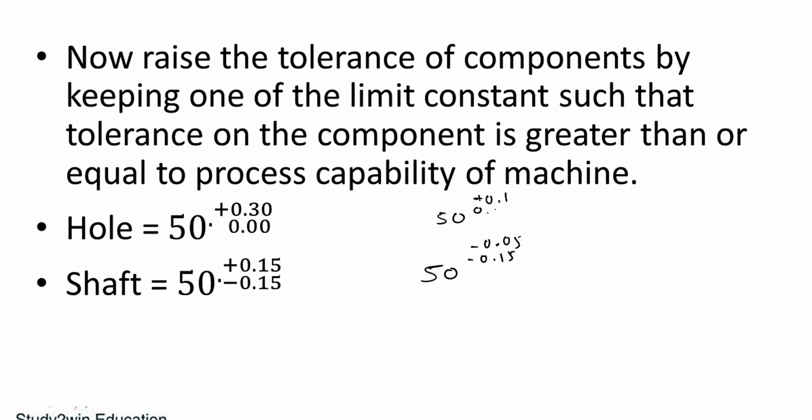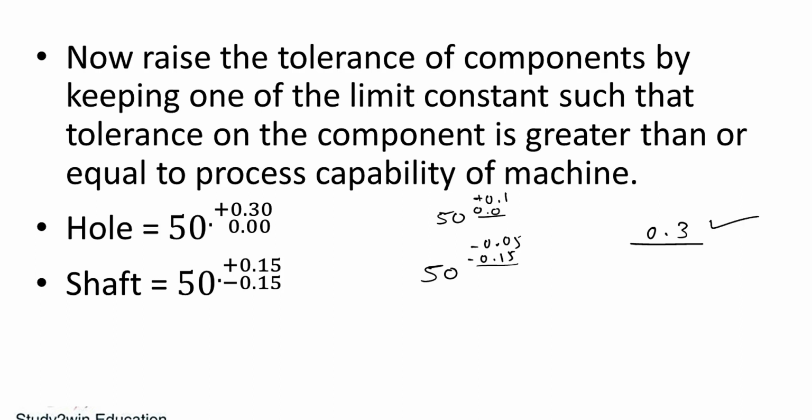What you have to do is raise the tolerance on a given component such that it matches the process capability of the machine, but raise it while keeping one of the limits constant. Here I am keeping the lower limit constant, and the upper limit of the tolerance is increased in such a way that the tolerance matches the process capability of the machine.